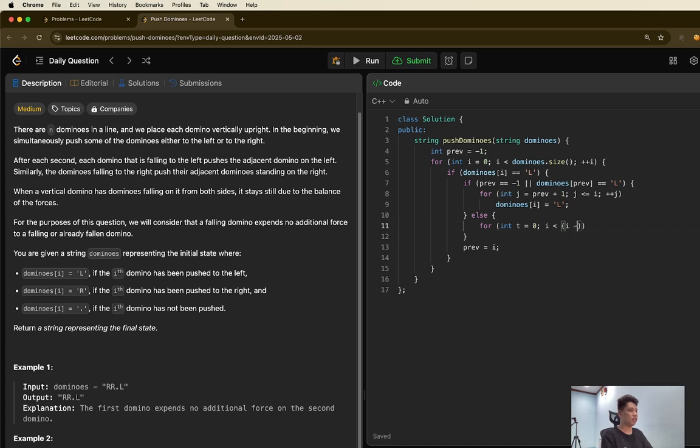Yes. This one. That is the length. Okay. Divide by 2.